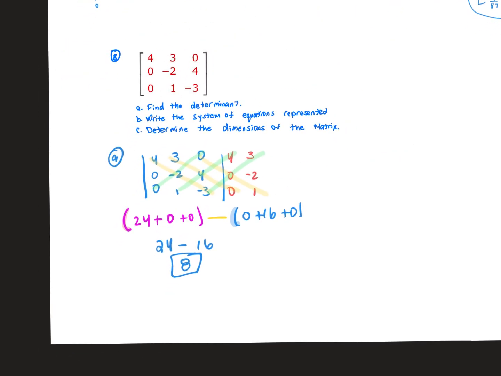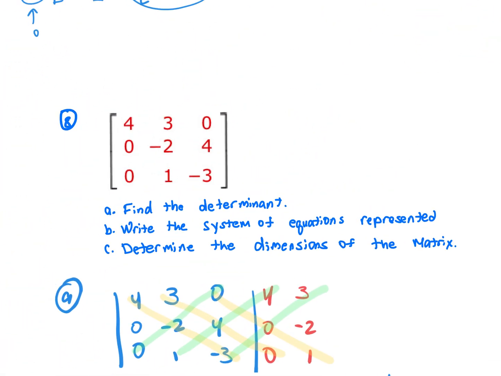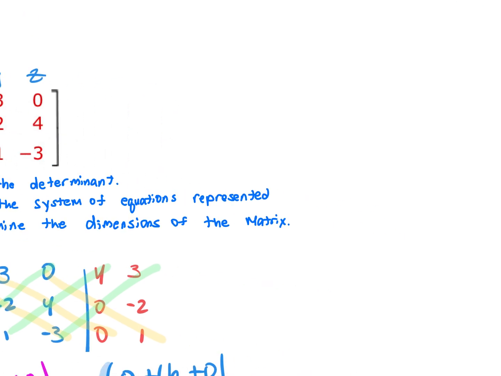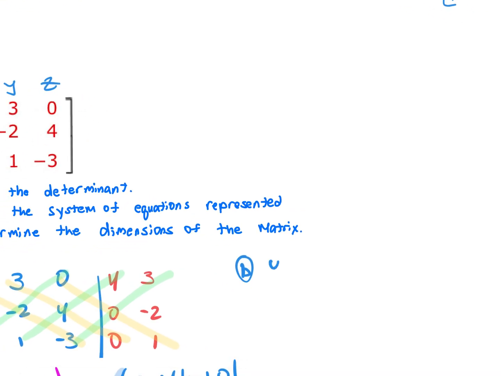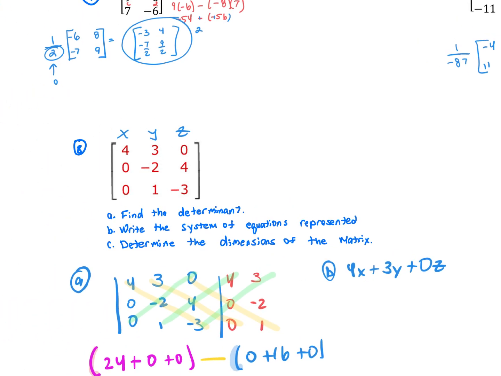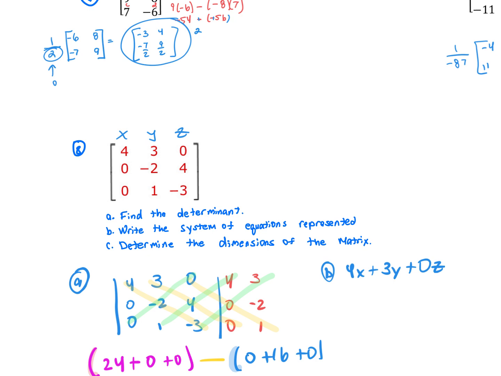It is 8. If you're going to write the system of equations, think of this: this is your x column, this is your y column, this is your z. So for letter B, this would represent 4x plus 3y plus 0z. You don't have to write the 0z if you don't want to. If there were answers there, you just write equals whatever.